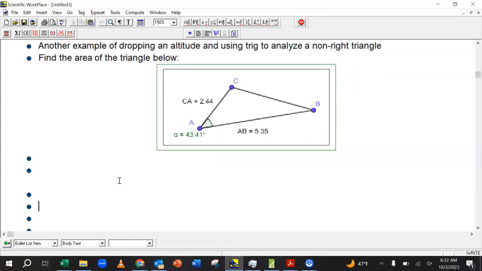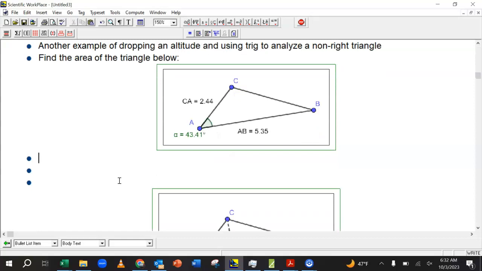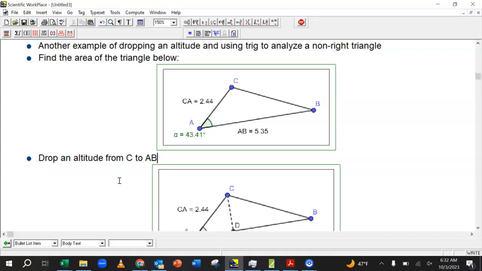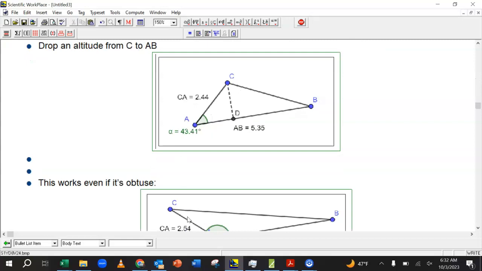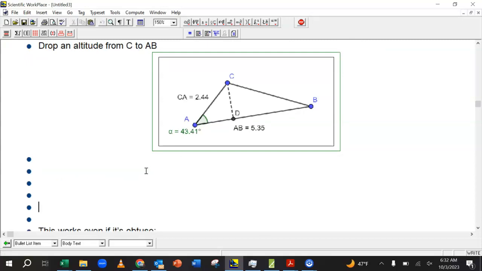Let me bring that pre-made picture up here. An altitude from C to AB. And voila, we get this new picture. That's distracting. Let's get out of there. And so let's say H, just an abbreviation for that CD. And that's going to be the height of the triangle.